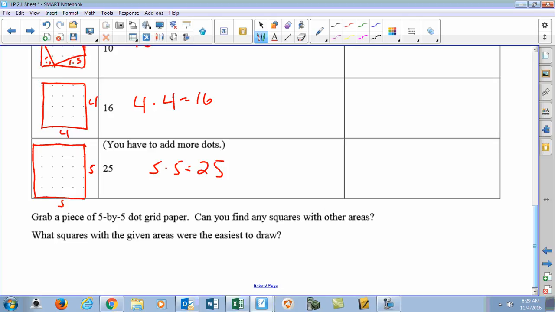Think about what we could draw inside of here. I mean, if we start messing around with the triangles, let's see here.